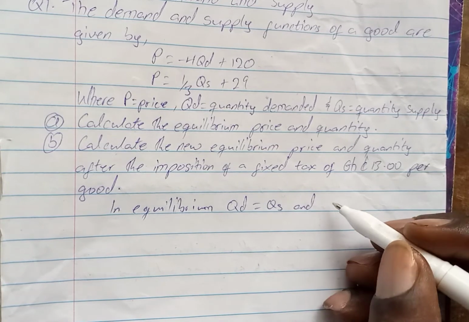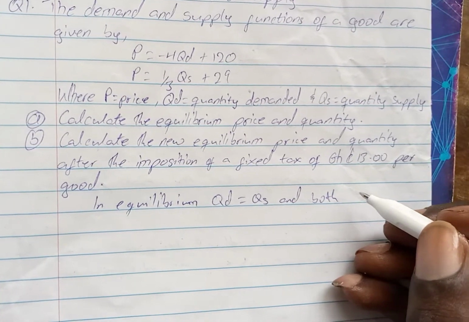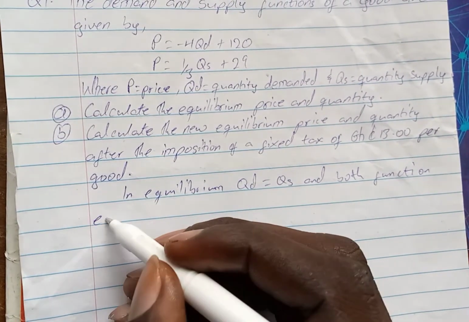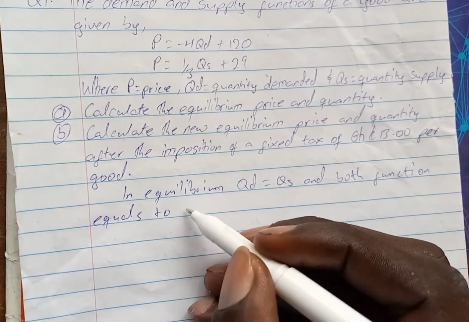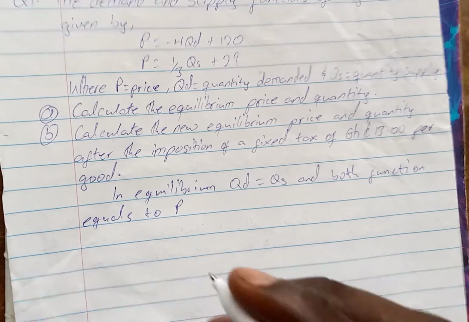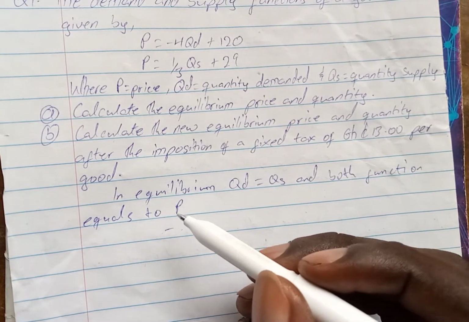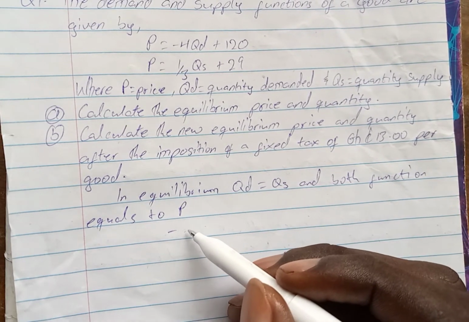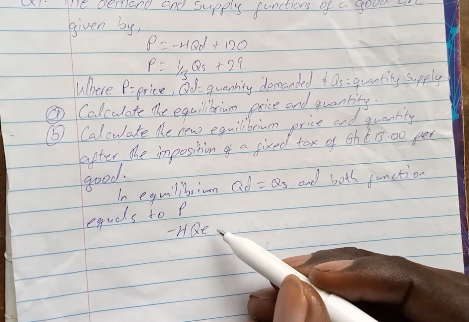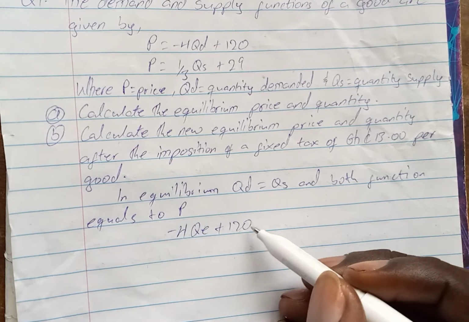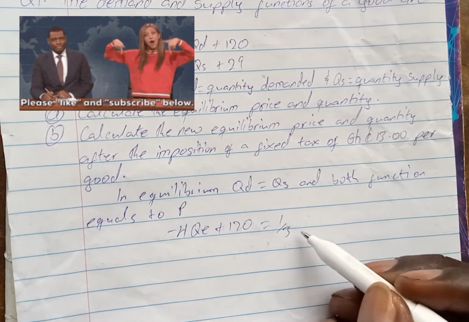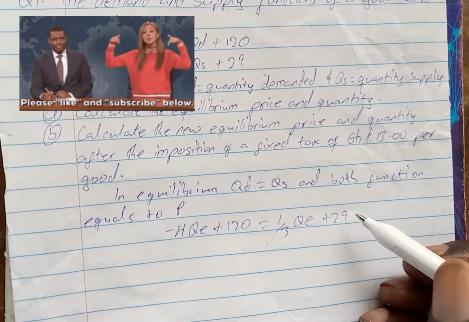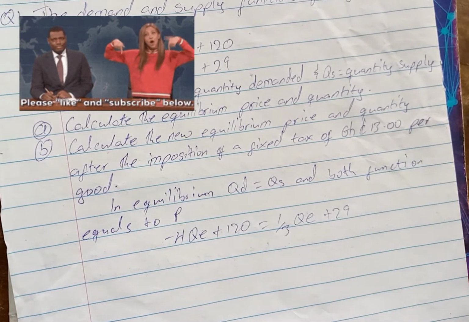And we know that both functions, the supply and the demand function, equal P. So we can simply say that, since we are finding the equilibrium, we denote it by QE: minus 4 QE, that's the equilibrium, plus 120 equals 1/3 QE plus 29. Okay, so from there we'll be making QE the subject.